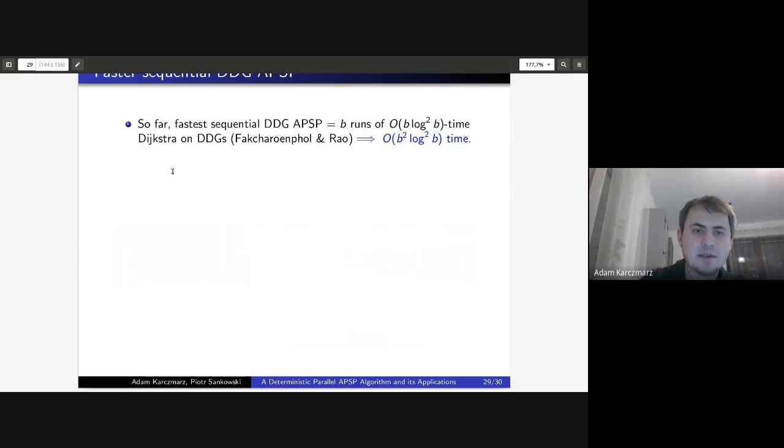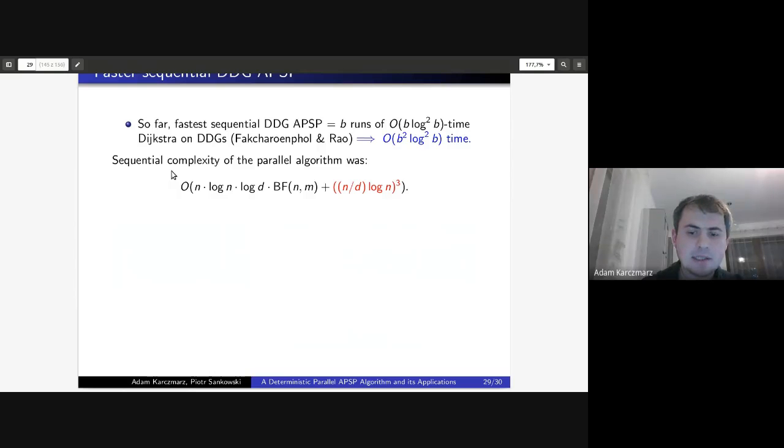What is also perhaps surprising is that a variant of our APSP algorithm can also be used to improve the sequential implementation of this DDG APSP computation. So far, the fastest way to do that was to use B runs of Fakcharoenphol and Rao's Dijkstra implementation on DDGs, and this gave us B squared log squared B time. But let us recall the sequential complexity of our parallel algorithm.